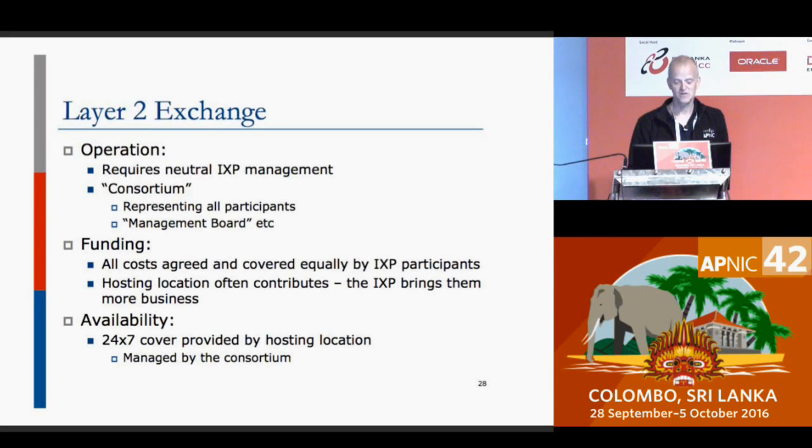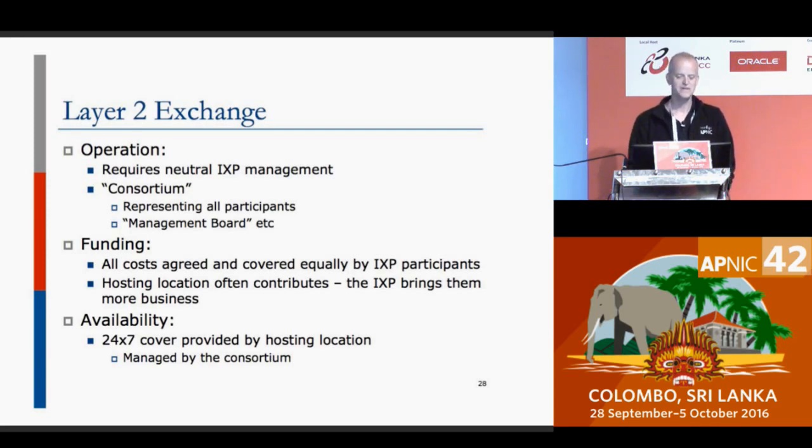Funding: again, costs agreed and covered equally by the participants. If you're lucky enough that your IX is funded by somebody else, great. But generally when there's no external funding, then the membership agrees to equally cover the costs. The hosting location often contributes.